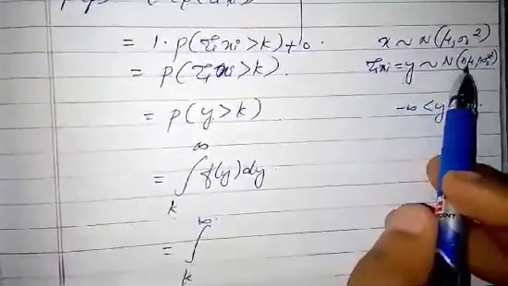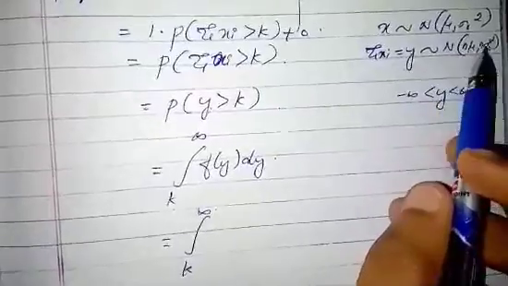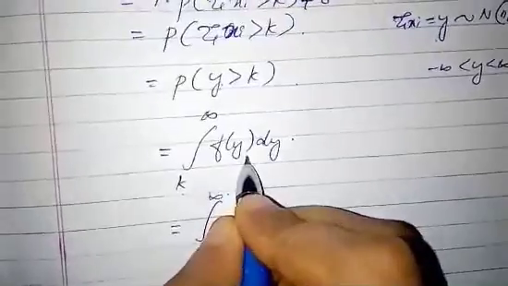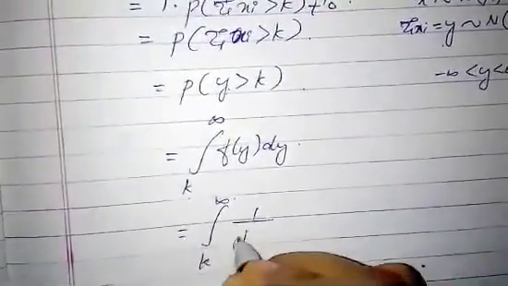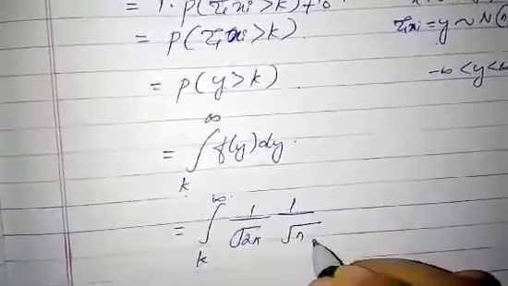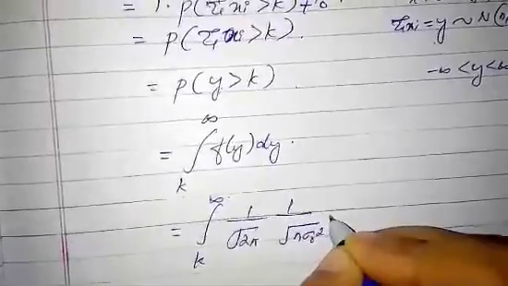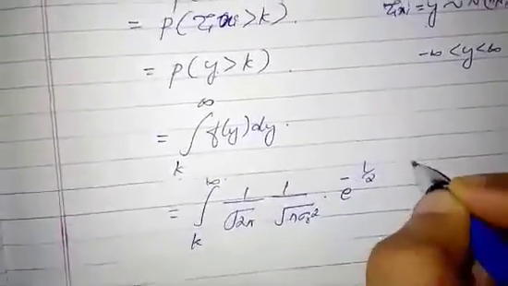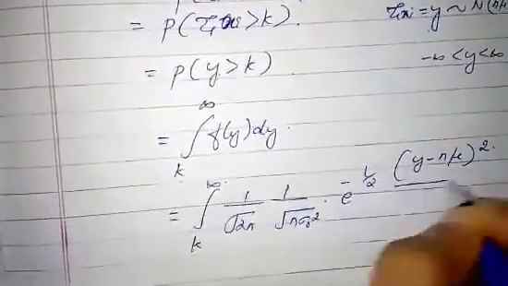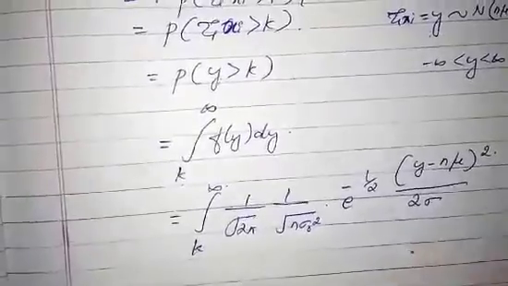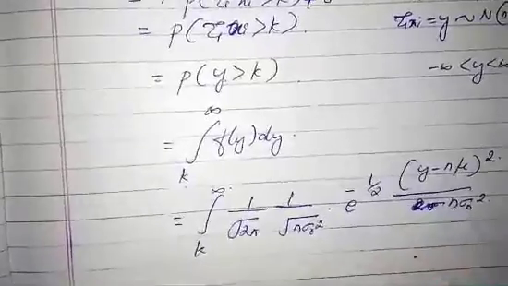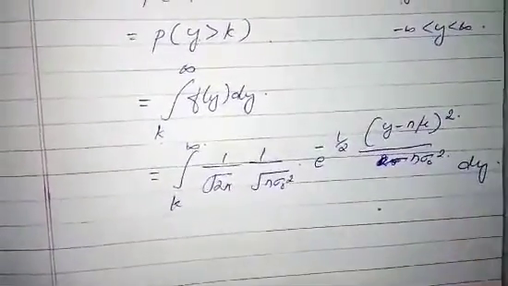Here y follows normal with mean n mu and variance n sigma naught square. Then f of y equals 1 by square root of 2 pi, into 1 by square root of n sigma naught square, into e power minus 1 by 2 (y minus n mu) whole square divided by n sigma naught square, into dy.